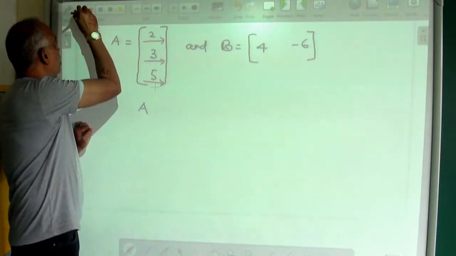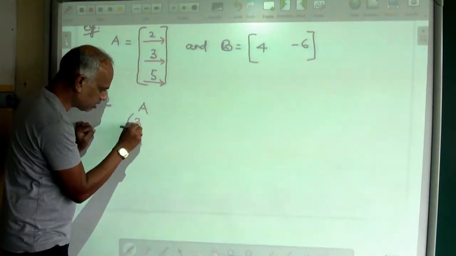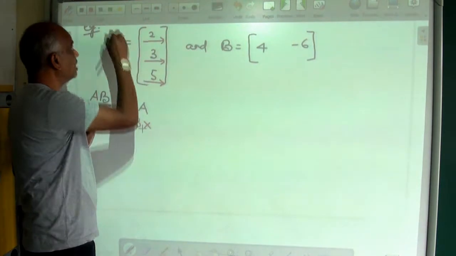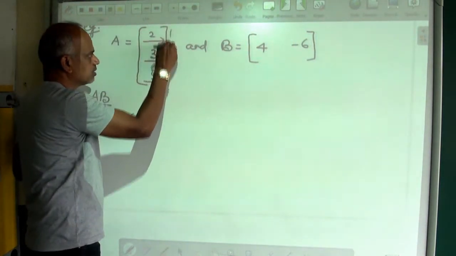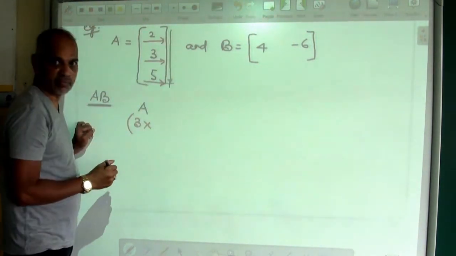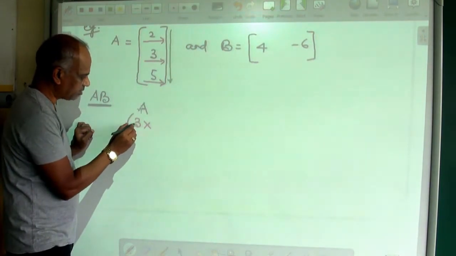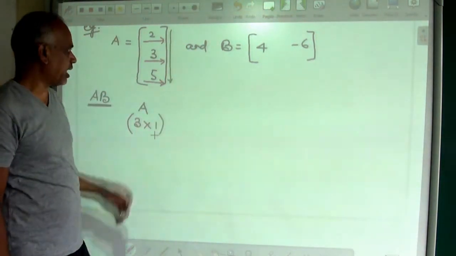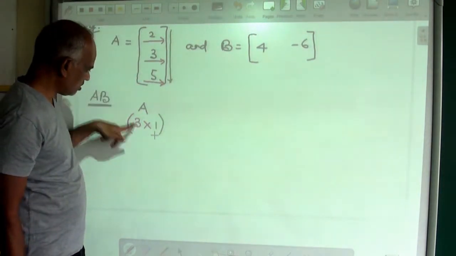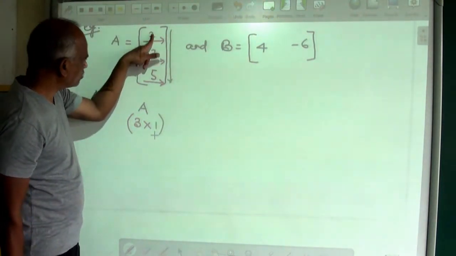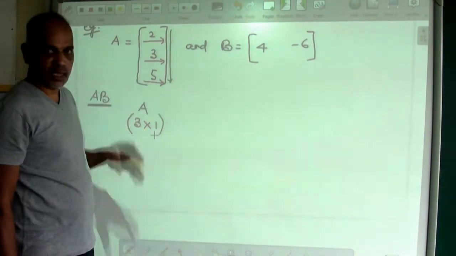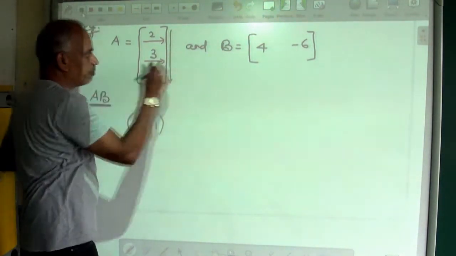So A has order 3, the number of rows, by, you see how many columns it has. It has one column. So A is a 3 by 1 matrix. A has 3 rows, so that 3 is here, by 1 column, so by 1.